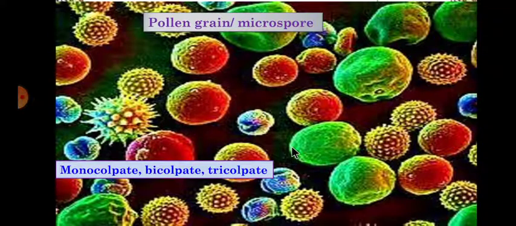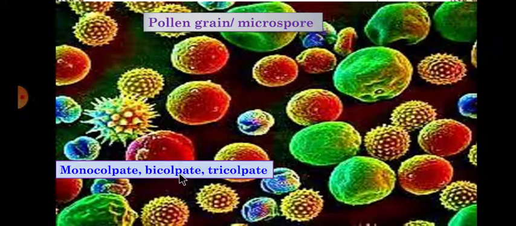So we discussed germ pores. Germ pore we said uniporate, correct? That can also be called unicolpate or monocolpate. That is, a pollen grain with one germ pore is called monocolpate.